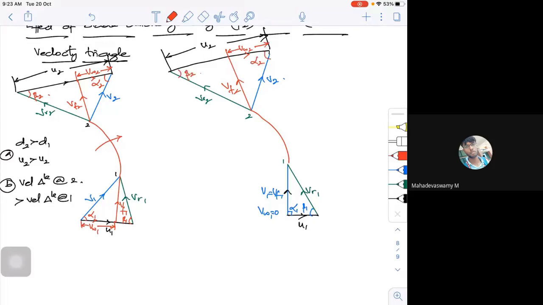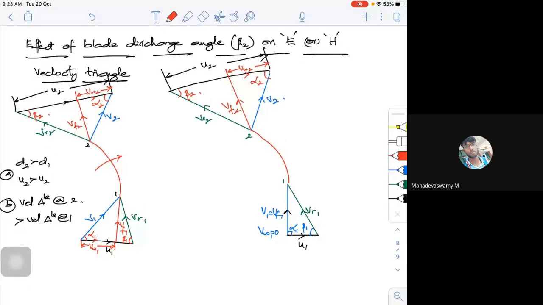Now what we are trying to study here is the effect of blade discharge angle. That means I am going to move this beta 2 angle for different conditions. Now if you closely observe here, what is the value of beta 2? For this kind of triangle, beta 2 is less than 90 degrees. It may be 40 degrees, 50 degrees, 60 degrees, whatever it may be.